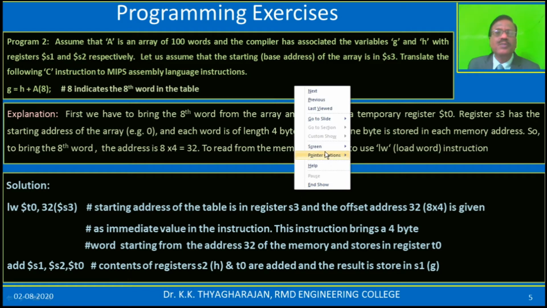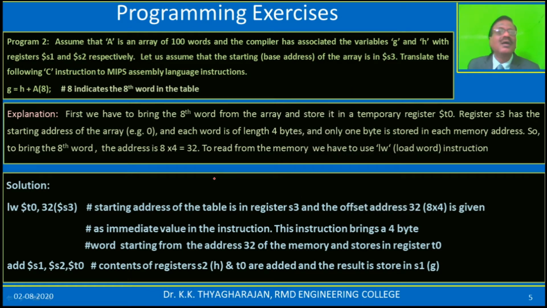The second program is using an array. Assume that A is an array of 100 words, and the compiler has associated the variables G and H with registers $S1 and $S2 respectively.